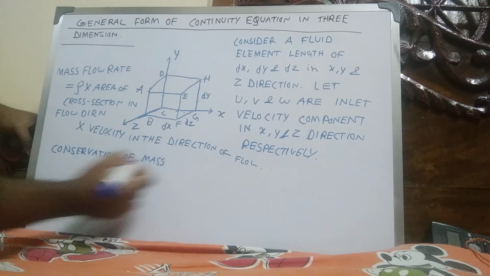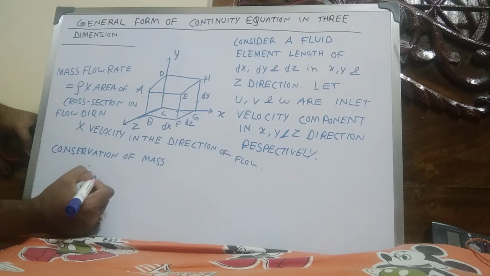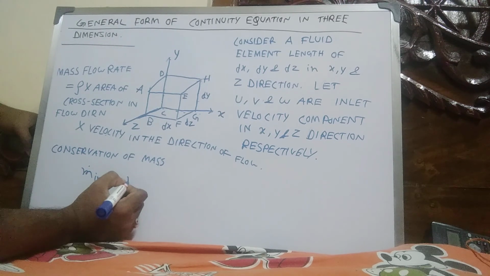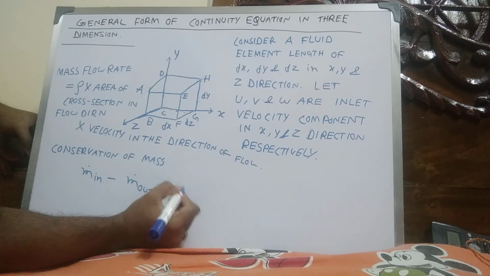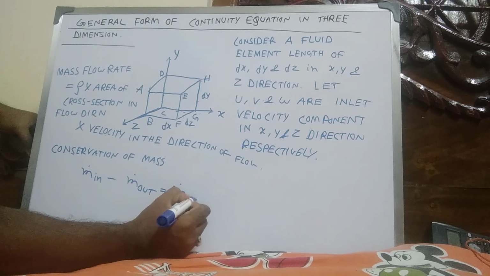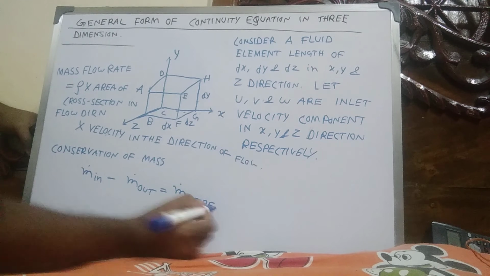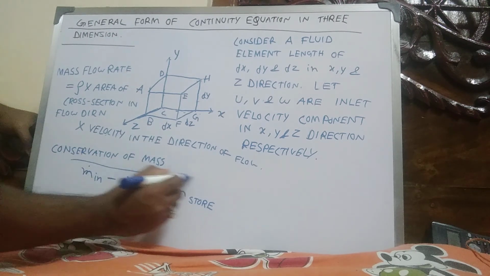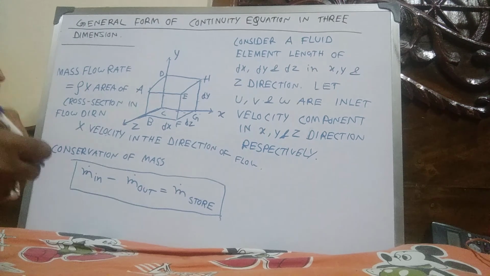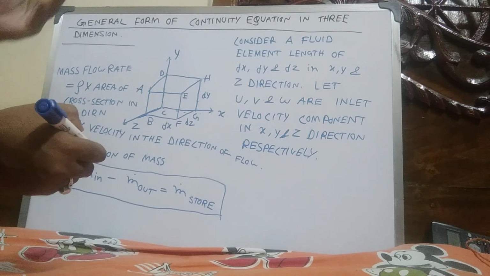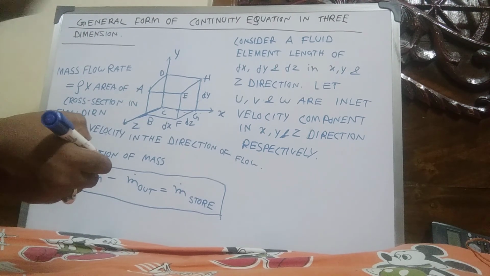So mass flow rate in minus mass flow rate out equals mass flow rate stored. This is the conservation of mass, and from this equation we can easily get the continuity equation.